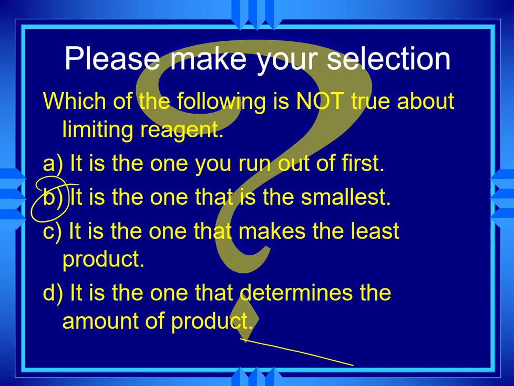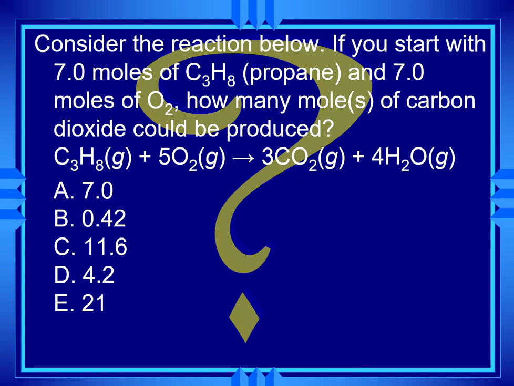Hey, I want to show you, the book also teaches you a different way of doing this. It's called the ratio method. What you do is you compare the ratio of your reactants between actual and from the equation. So if I see a question like this, if you start with 7 moles of propane and 7 moles of oxygen, how many moles of carbon dioxide would you produce?